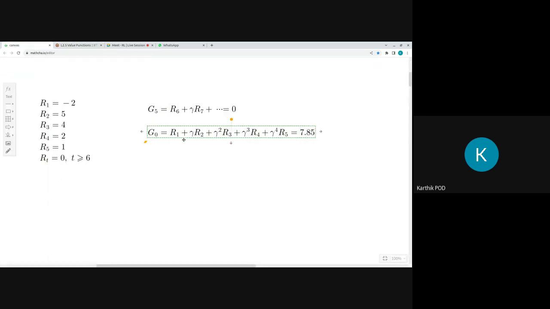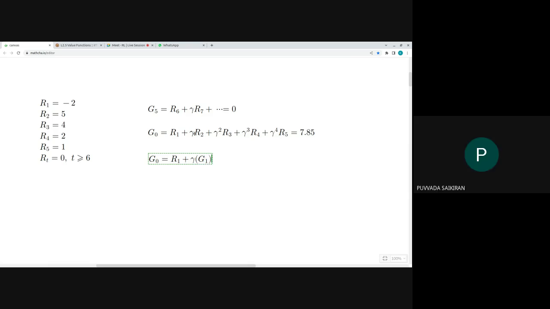Alternatively, what you could do is the recursive way, right? So, for example, if you look at G0, it's R1 plus, you take gamma common, it is actually G1. Do you see that?